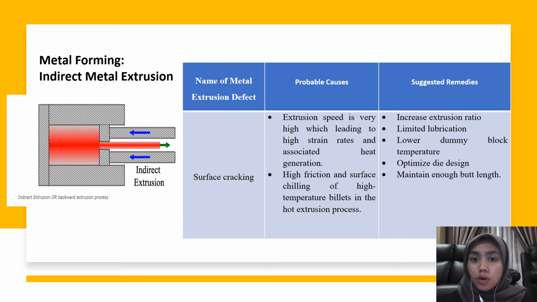It is also caused by high friction and surface chilling of high temperature billets in the hot extrusion process. The suggested remedies are to increase the extrusion ratio, limit lubrication, lower the dummy block temperature, optimize die design, and maintain enough butt length.